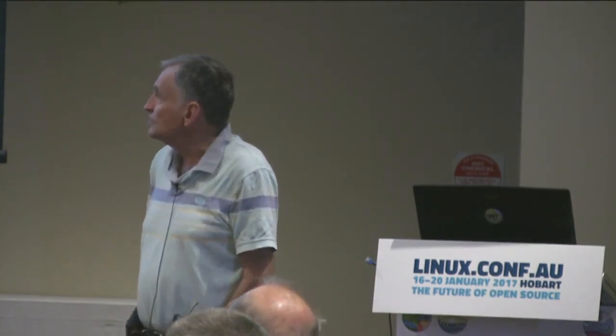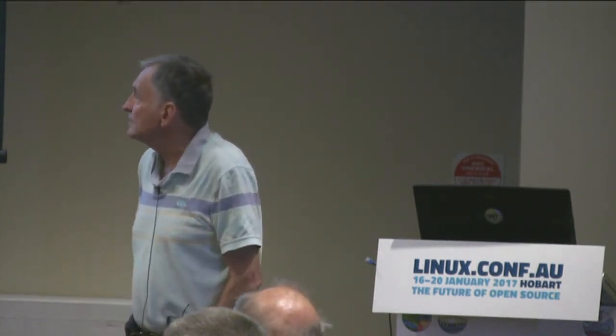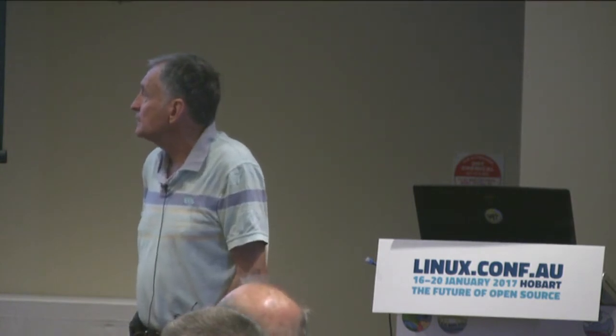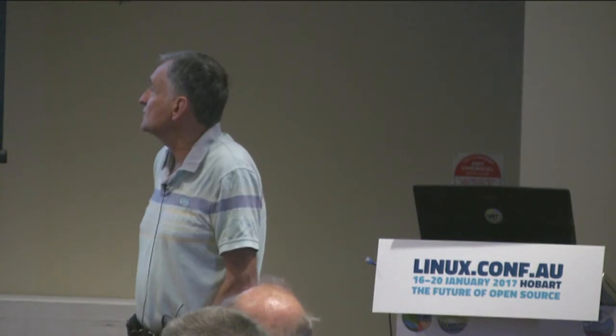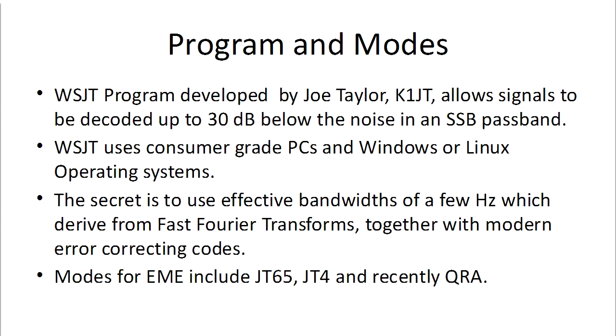JT65 was the first mode that was developed for EME. A bit later on, Joe Taylor developed the JT4 mode specifically to cope with the signal being spread, and we'll go on to that in a minute.